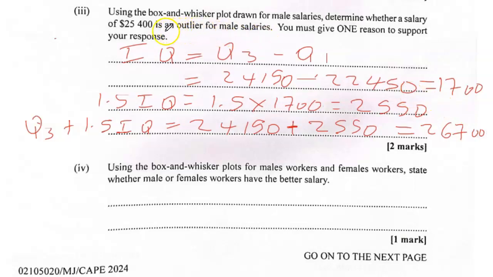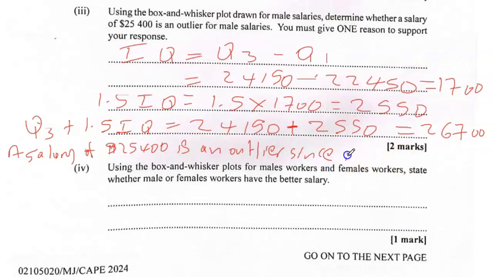So it means therefore that a salary of 25,400 is an outlier since it is, no, it is not. It is not an outlier.